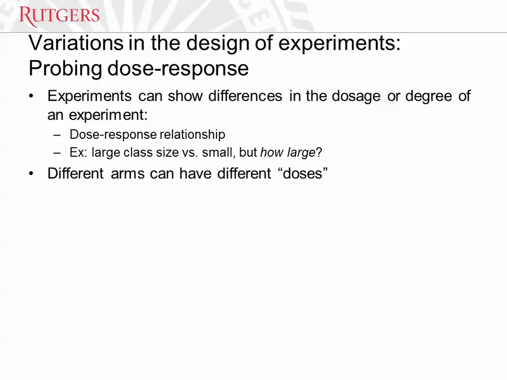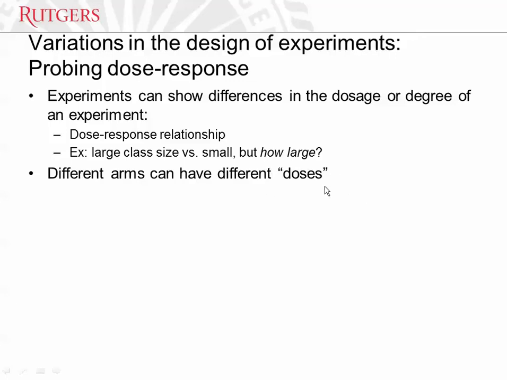One of the reasons to have multiple arms is you might want to vary the dosage of the treatment. And so variations in the design of an experiment can include probing what are called dose-response relationships. So, for example, even in this case of the pay-as-you-drive insurance, there was a €50 savings potential every month. So we might experiment with that.